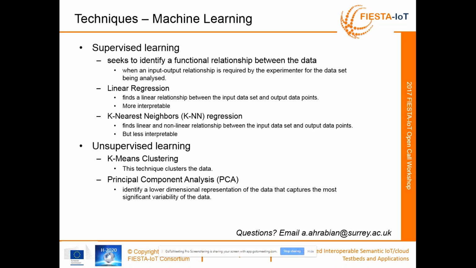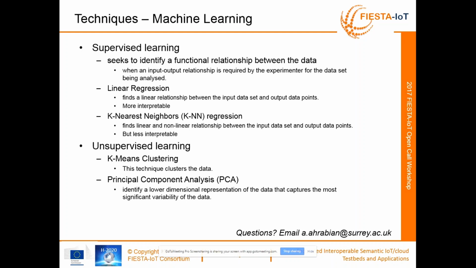One is linear regression, where we assume the input-output has a linear relationship, and k-nearest neighbors, which is a fairly straightforward technique for representing the input-output relationship when there's a non-linear relationship between the two. So if this linear relationship doesn't hold, then we can use something like k-nearest neighbors. And again, it's a very simple method to use for the experimenter, requiring only one parameter to be specified.